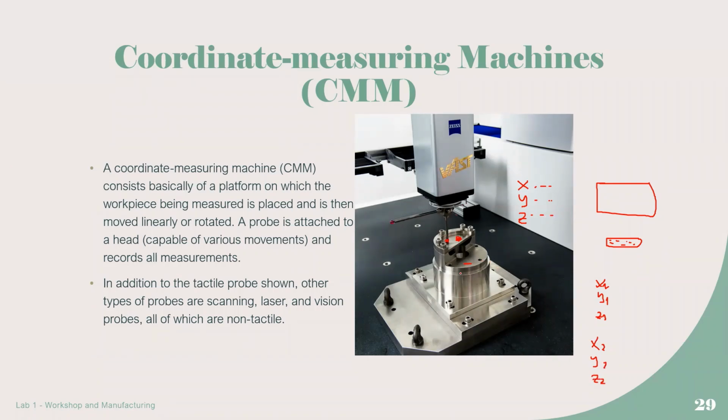Since we want to know the height differences between them, we have Z2 and Z1. The height is going to be equal to Z2 minus Z1. So I used the coordinate system for measuring the desired length, height, or whatever it is.